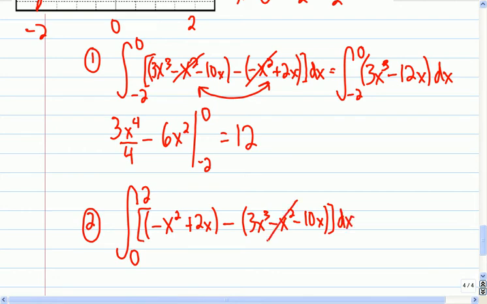So the negative x squareds will cancel out, and I'll be left with the integral from 0 to 2 of negative 3x cubed, and I'll have plus 12x.